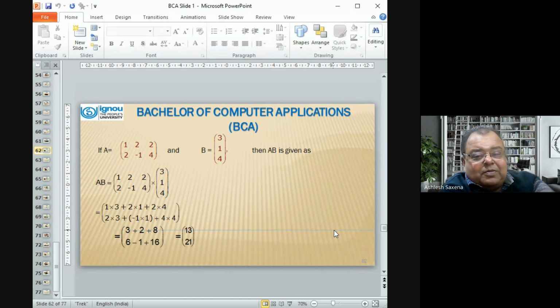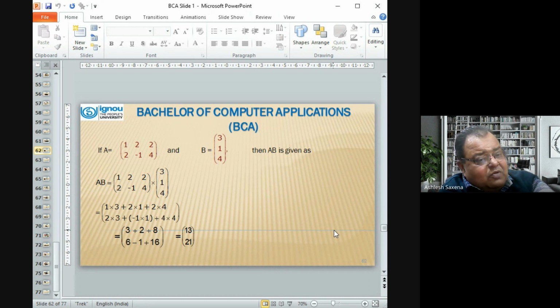Now I tell you how it is performed. Each element of the left hand matrix will be multiplied by each element of the second matrix. That means 1 into 3 plus 2 into 1 plus 2 into 4. That will be your first row.